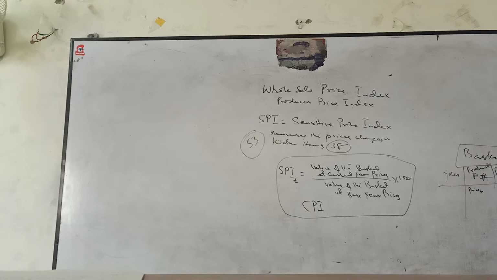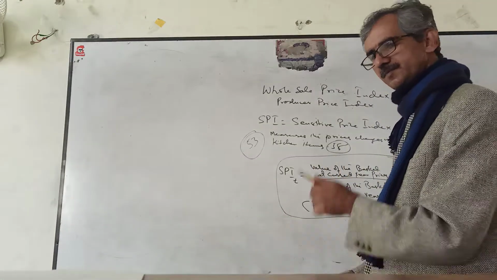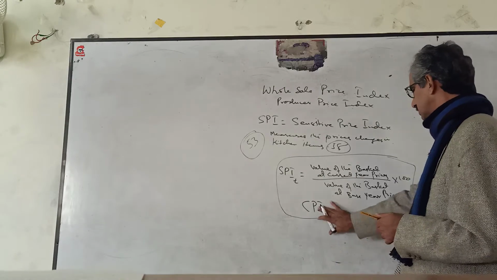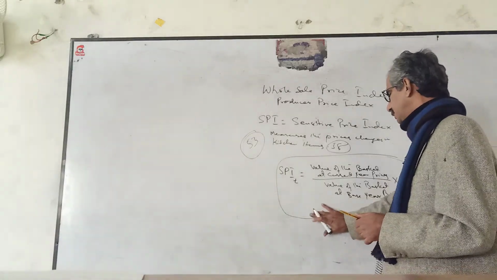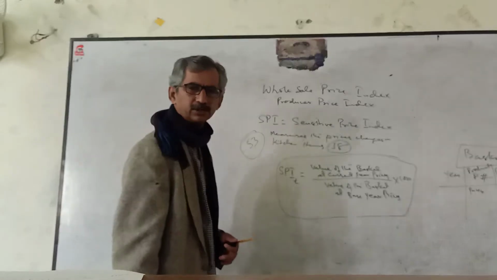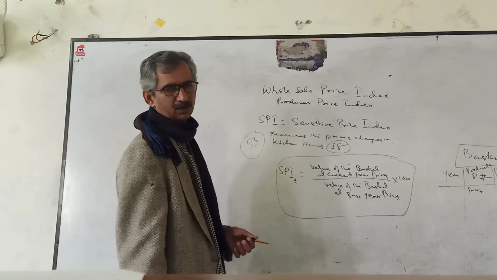And this is the example of the basket. You must have the data about the years, the products, their quantities and their prices. Then you calculate the baskets, and with the help of these baskets you can calculate the SPI, and then you can calculate the inflation rate with the help of the SPI indexes.